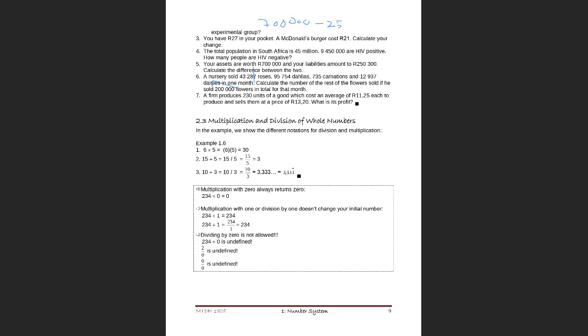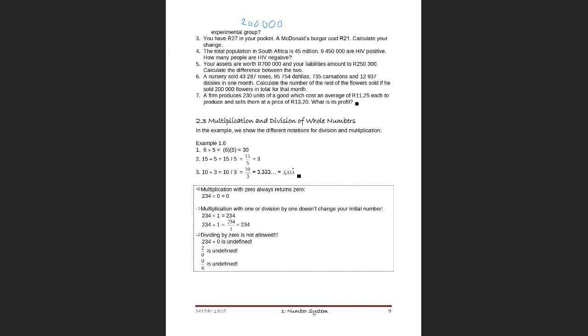And the total number, you said 43,287. The total number there for number 6 is going to be 47,287 flowers. That is the flowers that were not sold, or the rest of the flowers sold. Is it the rest of the flowers sold?